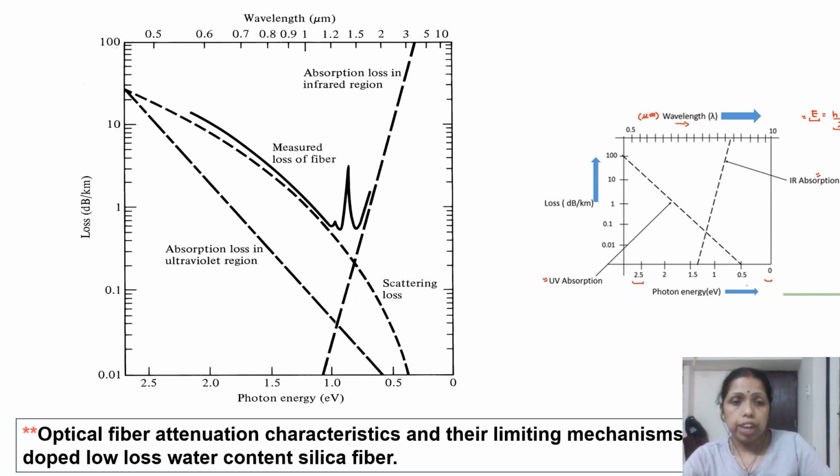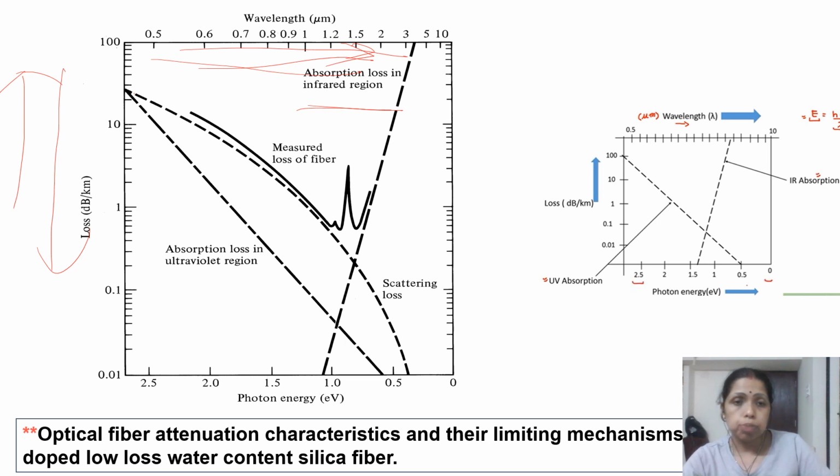In this left diagram, you can see that with respect to the wavelength, if the wavelength is increased, the UV loss is decreased. And in the infrared region, if you decrease the wavelength, the infrared absorption is decreased. So this is the decreasing loss and this is the increasing loss.